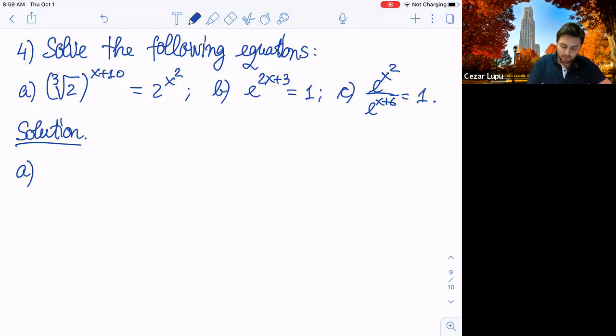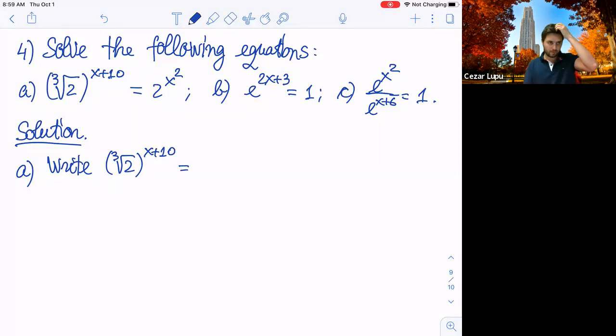So let's write this cube root of 2, everything to the power x plus 10, to be equal to 2 to the power 1/3, because we can write the cube root in this way, everything to the power x plus 10.